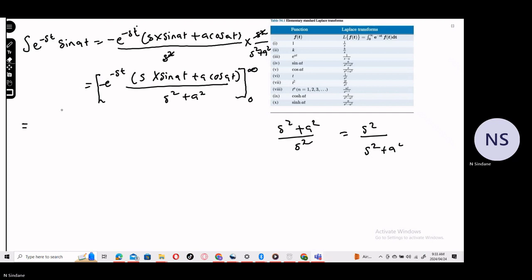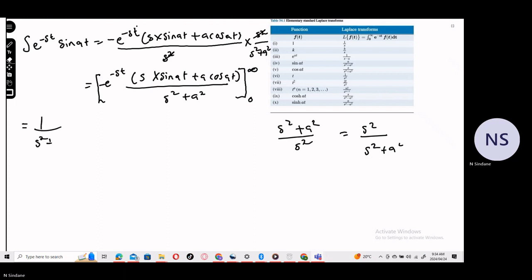When we substitute infinity here, it will cancel everything. This will be 0, right? So we say negative e to the power negative s into infinity. Let me just use brackets. Before I do that, let me take out the common factor of s, because I hate working with fractions.